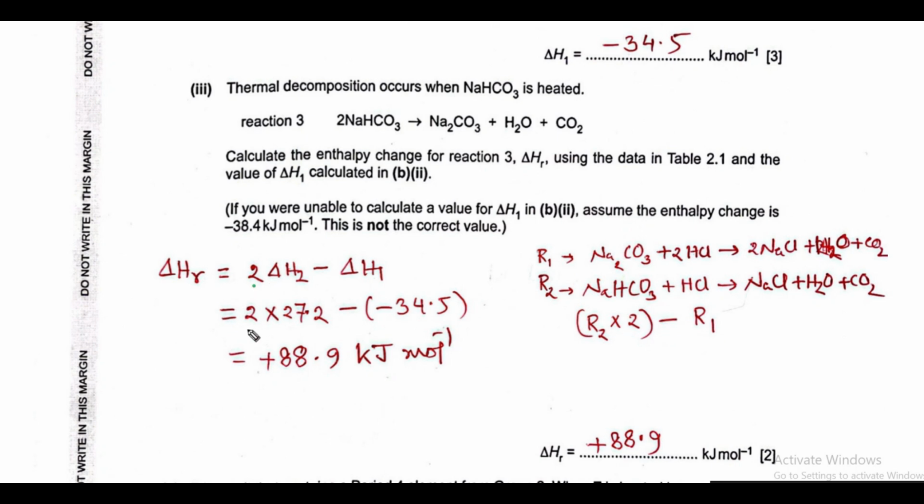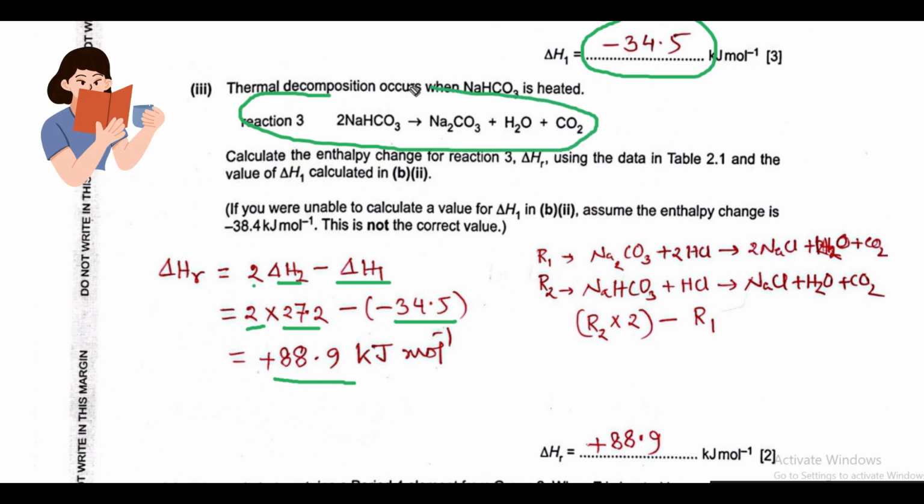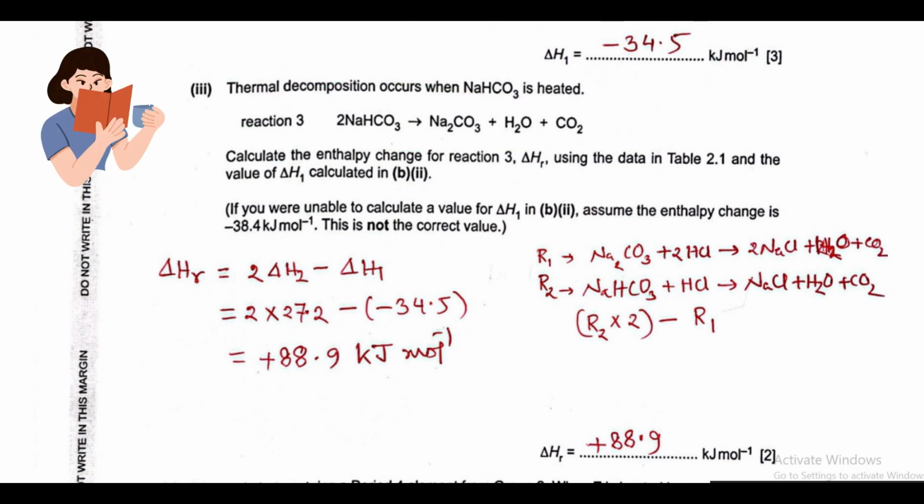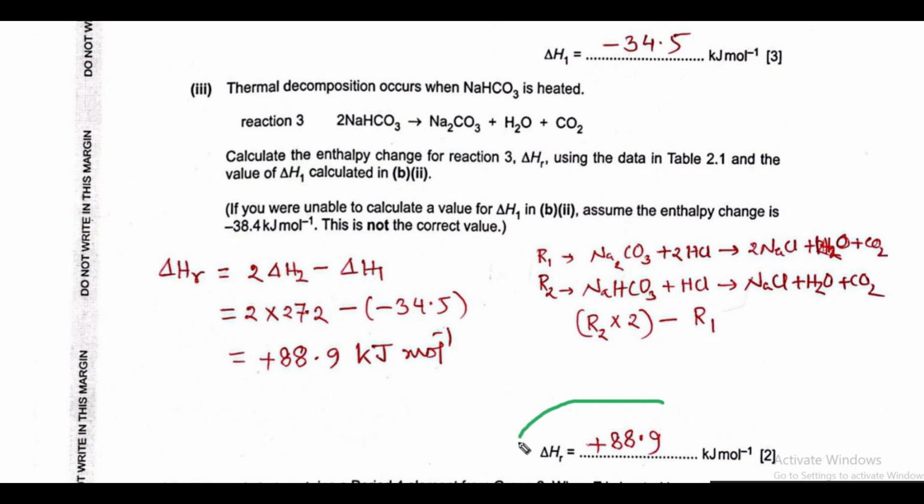So 2 times ΔH2, value 27.2 is given, and ΔH1 you calculated here, 35.4. If you calculate, you will get plus 88.9 kilojoules per mole. This is the enthalpy of reaction 3.